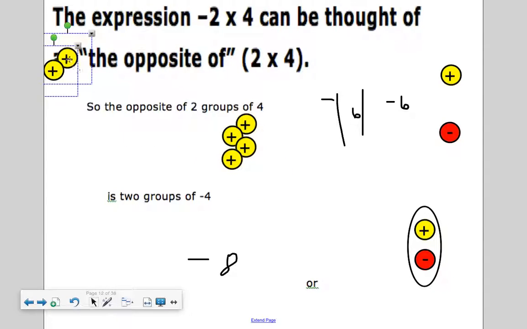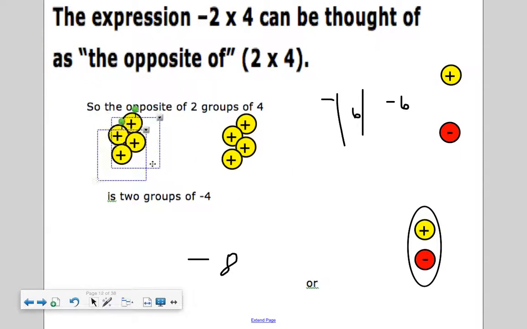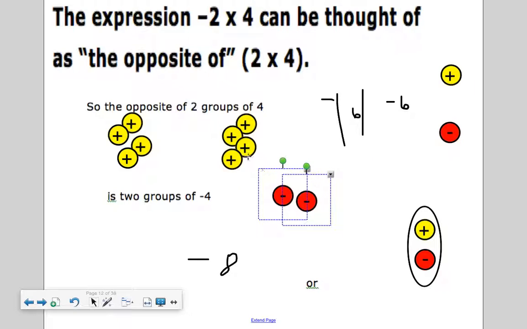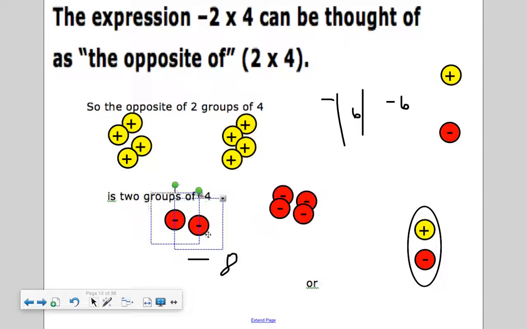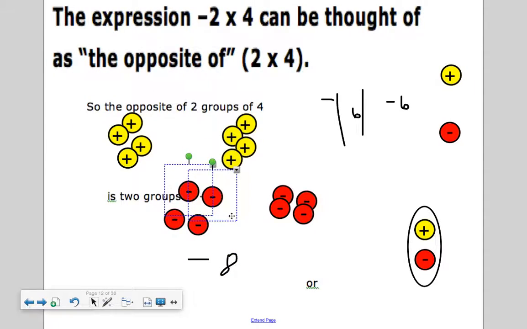First group of 4, second group of 4. And now we have to do the opposite. So what's the opposite of positive? Well, negative, that is. So the opposite of 2 times 4 is negative 8.